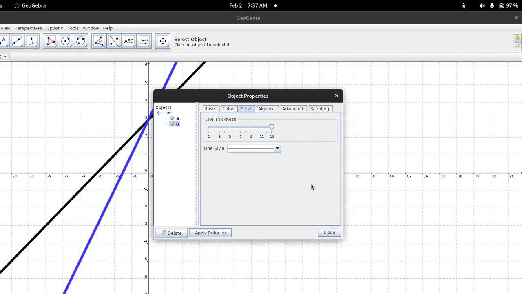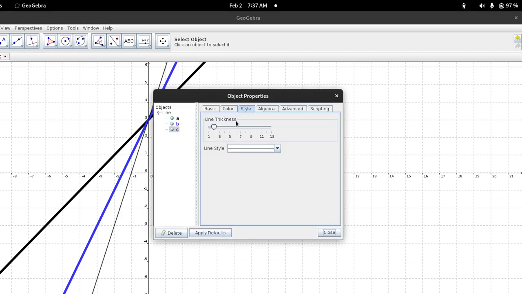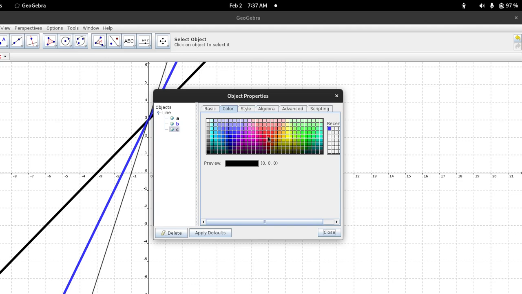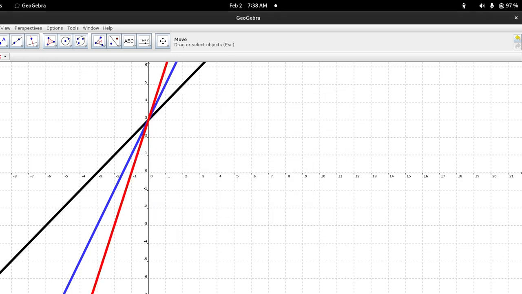Let me thicken it too. Then we have y equals 3x plus 3. Okay, so we have yet another one. Let me make it thick. Suppose we put y equals negative x plus 3.